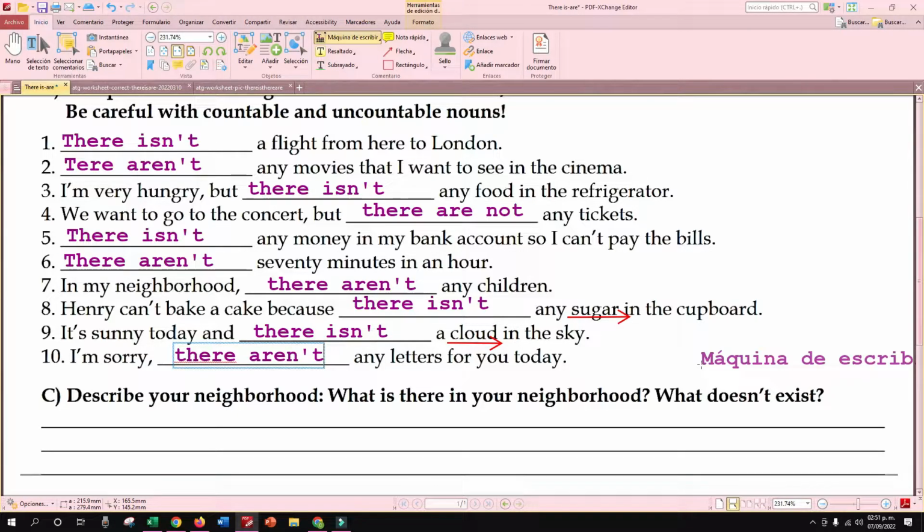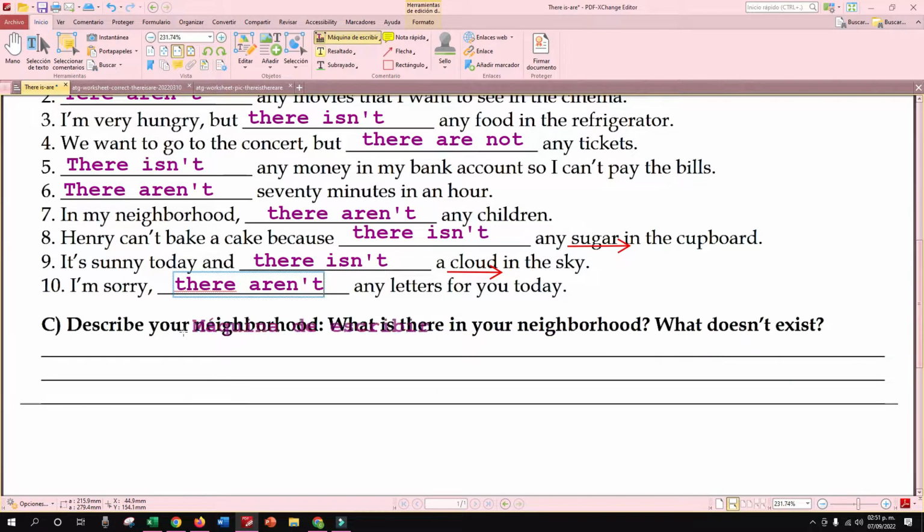Okay, so guys, we're going to do something here. It says, describe your neighborhood. What is there in your neighborhood? What doesn't exist? But we're going to change these. We're not going to use neighborhood. We're going to do like describe your room. Right?